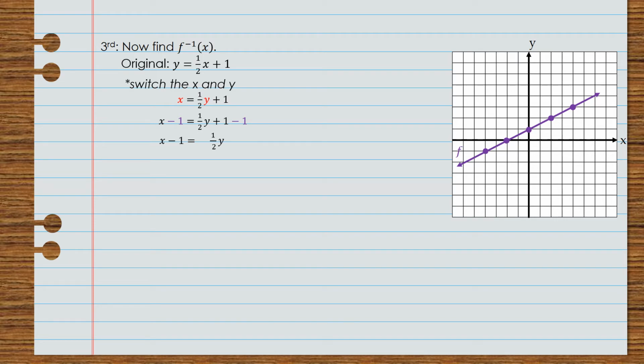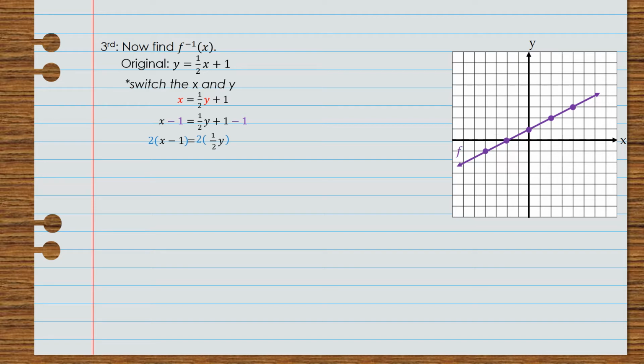Now, we're closer to getting y by itself, but now we notice we have a 1/2 times a y. When you have a variable multiplying a fraction, to get rid of that fraction, you simply multiply by its reciprocal, or by the flipped version of the fraction. Well, the fraction 1/2, if I flip it, becomes 2/1, or 2. So what we are going to do is multiply the right side and the left side of the equation by 2.